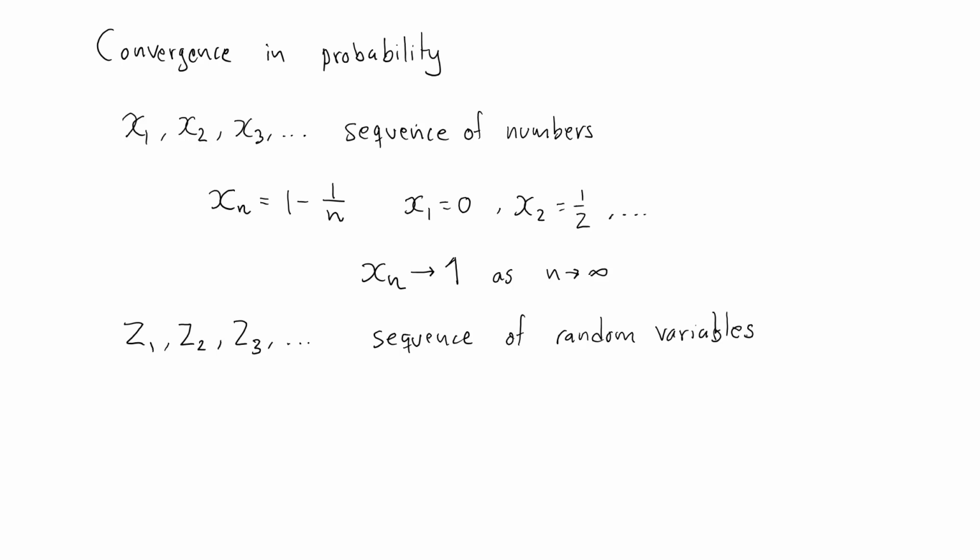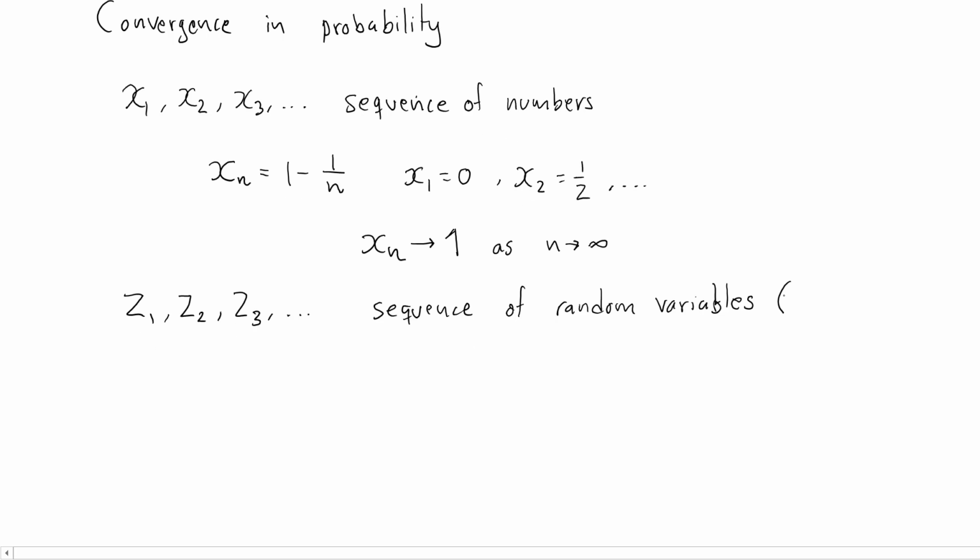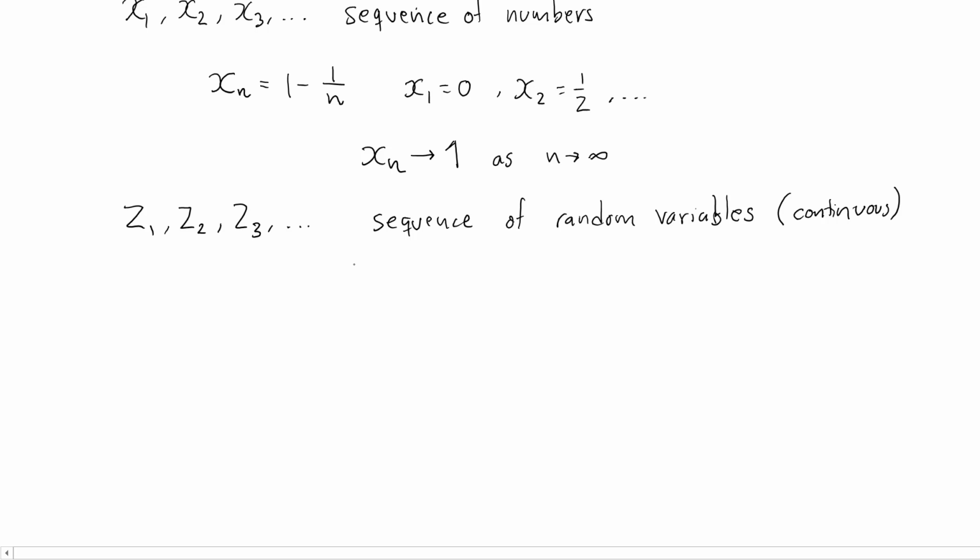Nature picks an outcome in the sample space, and each of these random variables will then take a number. We also work under the assumption that all of these random variables are continuous. What we want to investigate now is the idea that this sequence of random variables converges to, well, not necessarily 1, but to a constant as n goes to infinity.